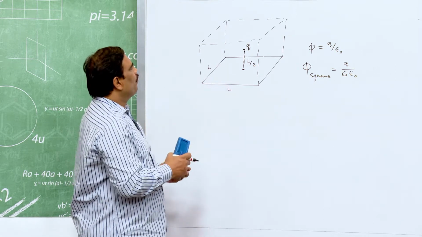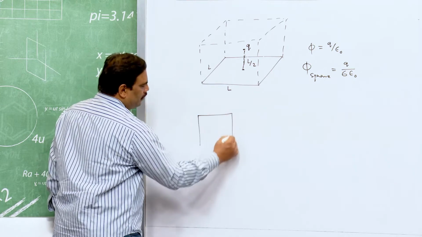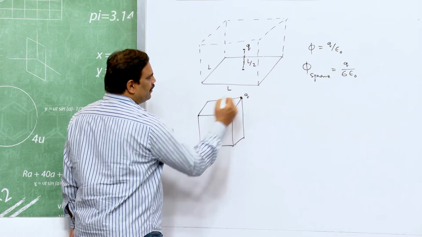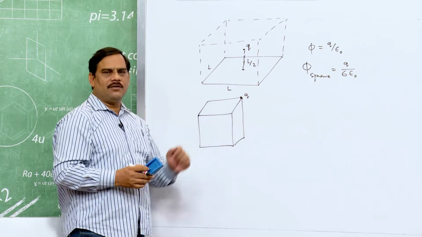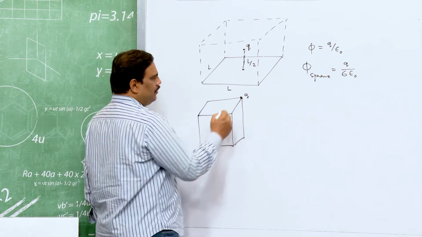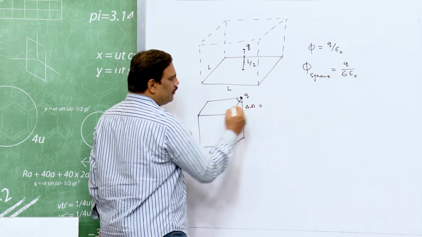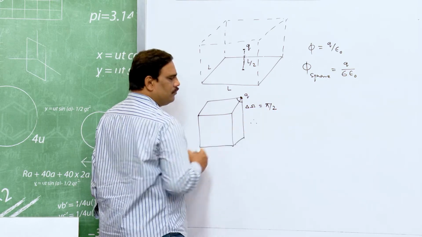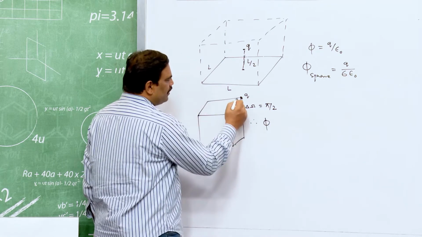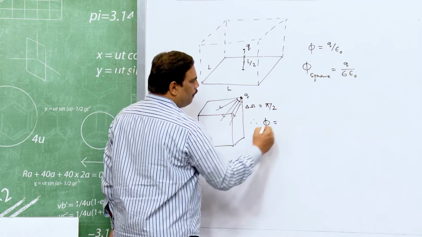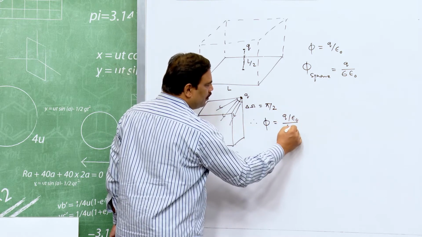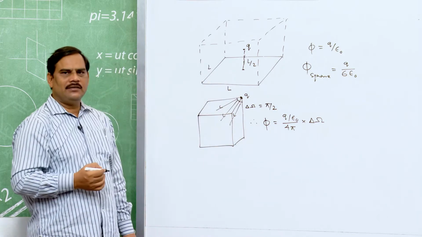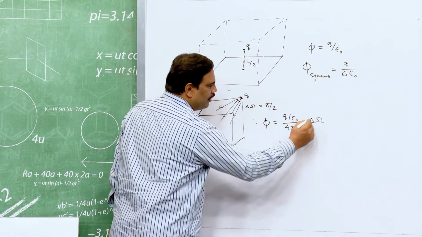Now, we can also find, suppose a charge q is present at one of the corners of a cube, then obviously the solid angle delta omega at this corner is pi by 2, and therefore, total flux through this cube is q by epsilon 0 divided by the total solid angle 4 pi into the solid angle subtended at the charge q, and this is equal to pi by 2.